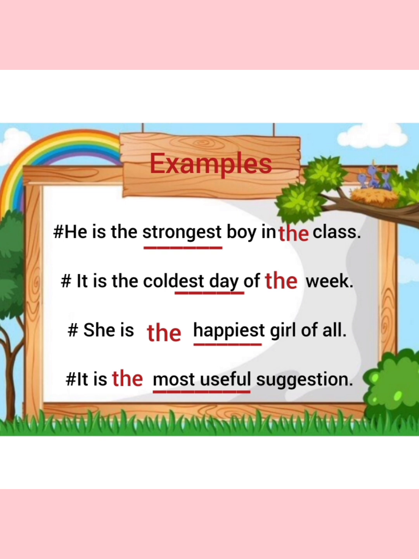It is the coldest day of the week. She is the happiest girl of all. It is the most useful suggestion. In all these examples, superlative degree has been mentioned and the comparison of one single noun has been made with the rest of the nouns.